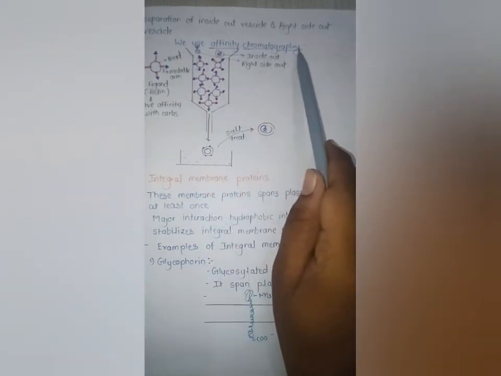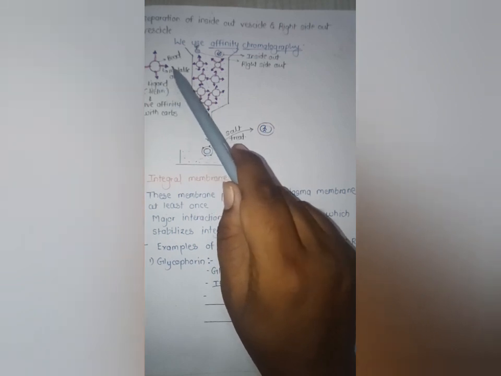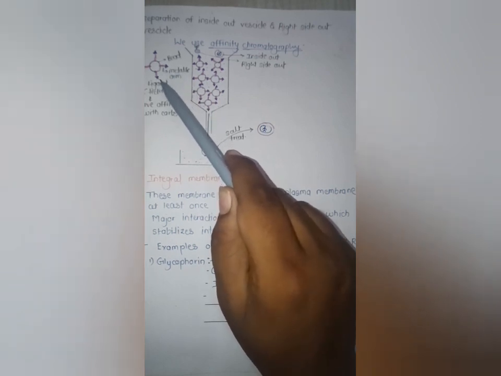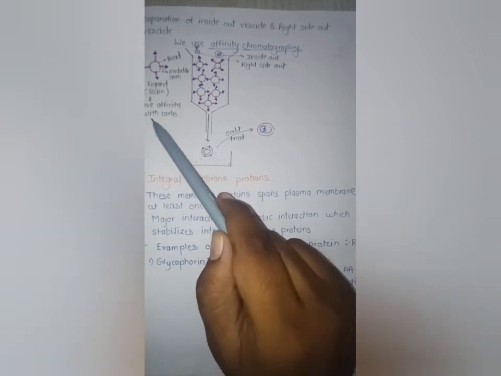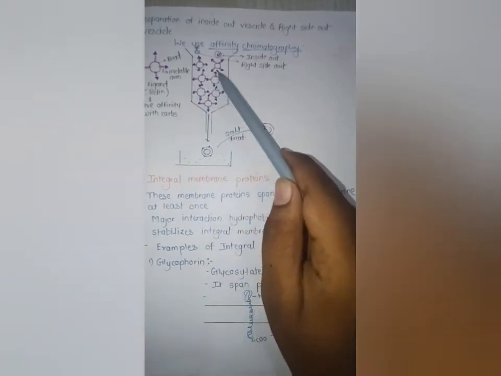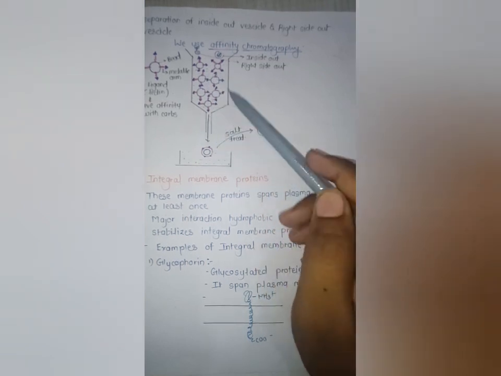For the separation of inside out vesicles and right side out vesicles, we use affinity chromatography, in which we take a bead and there is a metallic arm attached to the bead and the ligand. The ligand we take is lectin. It has a high affinity towards carbohydrates. Then we add the vesicles in this flask.